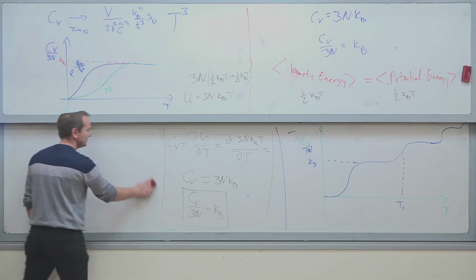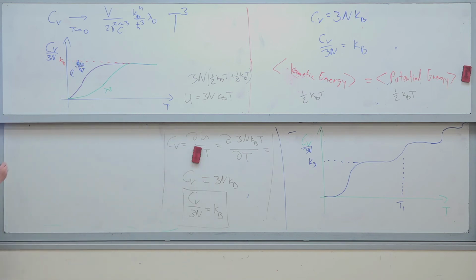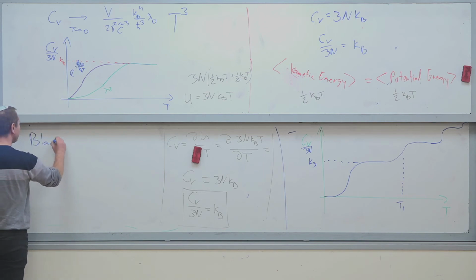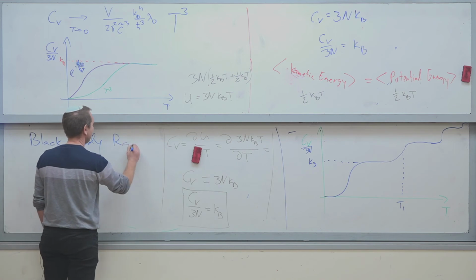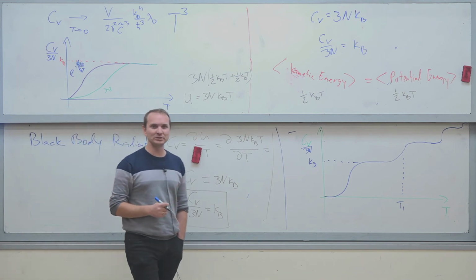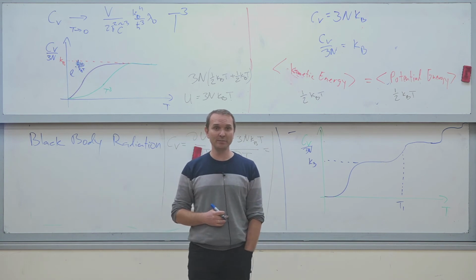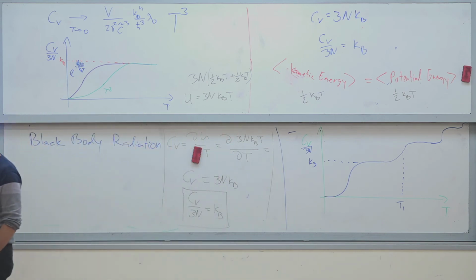So black body radiation is something that is very, very similar to the Debye model. What is black body radiation? Now, think of it.